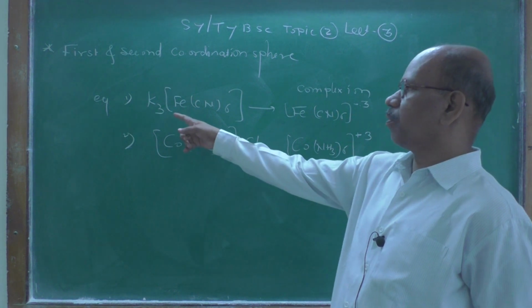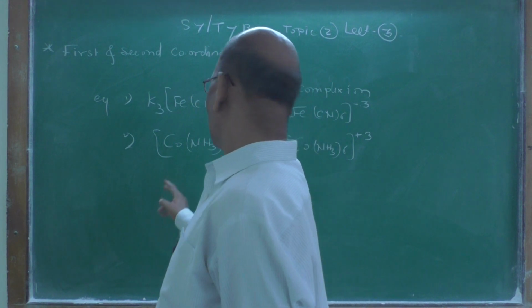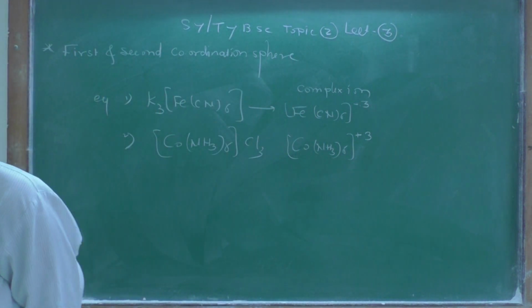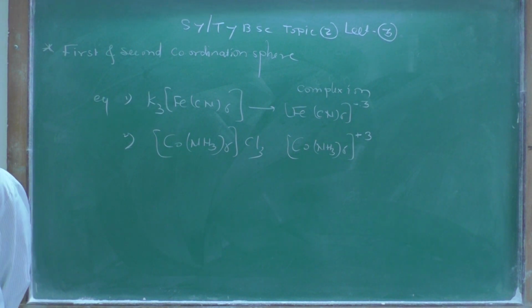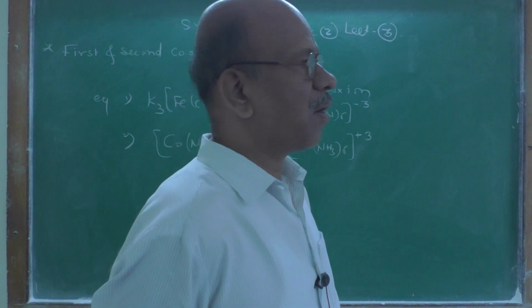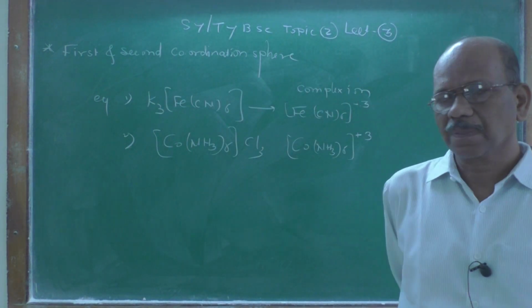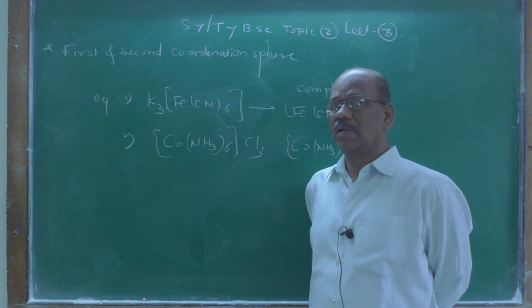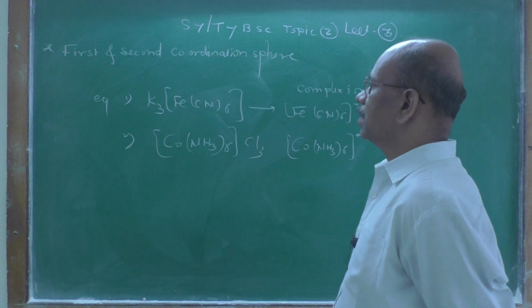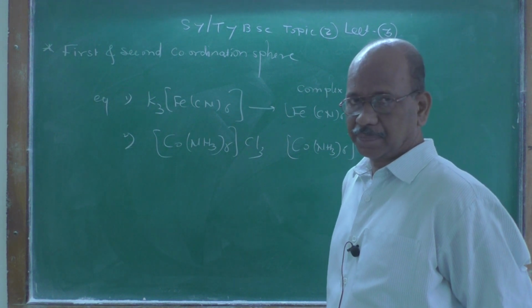So here 3 potassium ions are present in the second coordination sphere, and here 3 chloride ions are present in the second coordination sphere. It is a concept by which, when you consider a coordination compound, which ions are ionized can be concluded from the first and second coordination sphere.